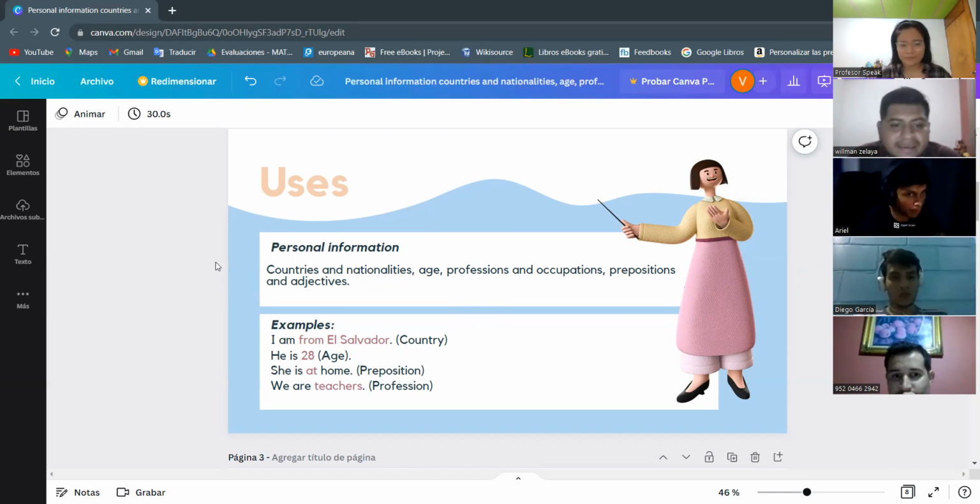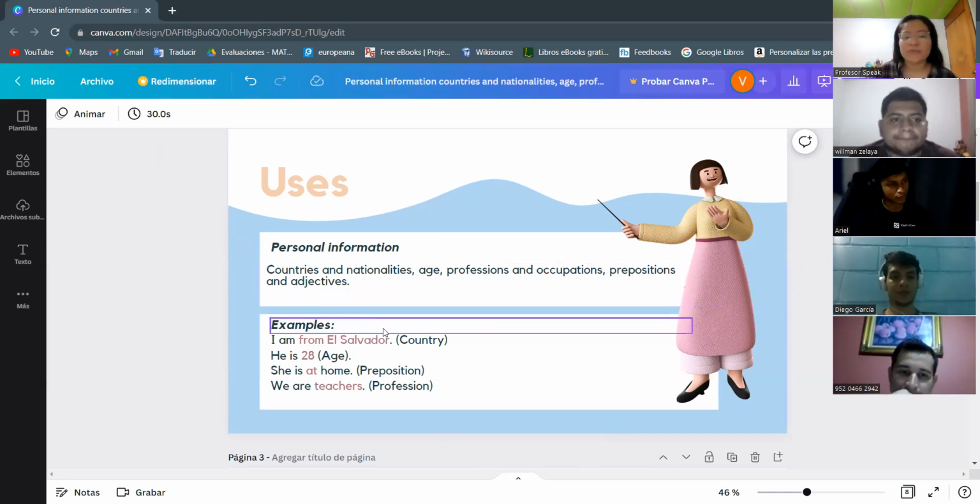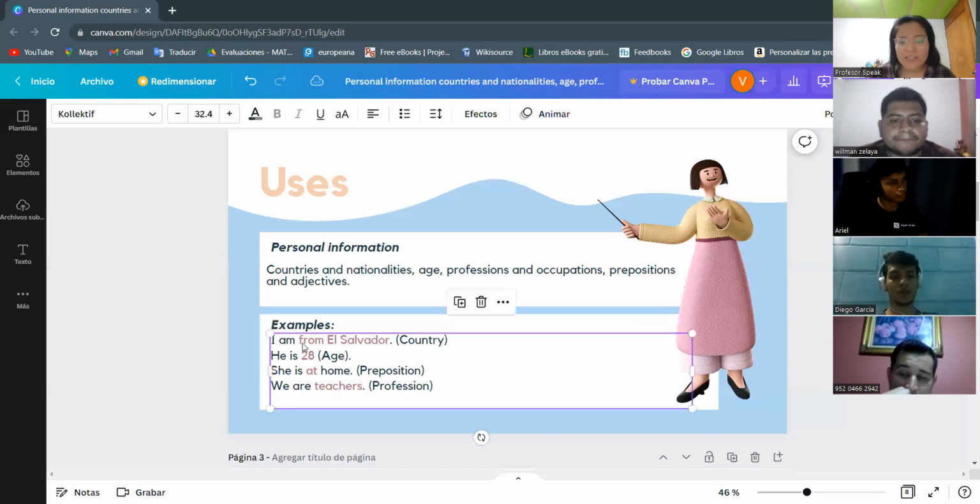He is 28, age, and she is at home, preposition, and we are teachers, professions. Good, thank you. All right, so as you can see, the one that is in a different color is the country, El Salvador, then the age, at is the preposition, and the profession, teachers.